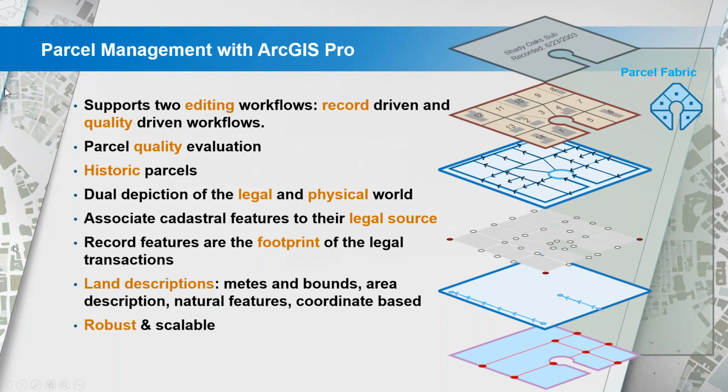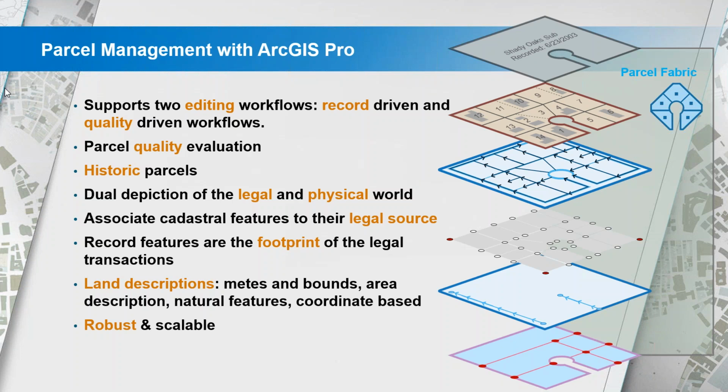But as technology is improving, we want to be able to take advantage of that, so that as we are able to get better measurements from the physical world, we can bring that in and enhance the quality of our parcel data over time. An example of this might be getting a new control point that is collected out in the field and bringing that into my fabric to accurately adjust the corner point of my parcel to meet that new control point.